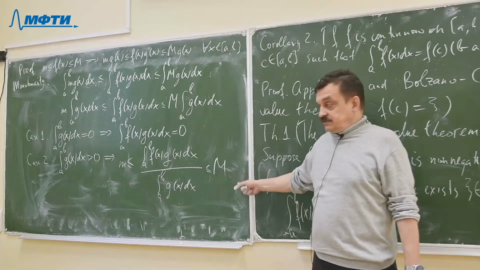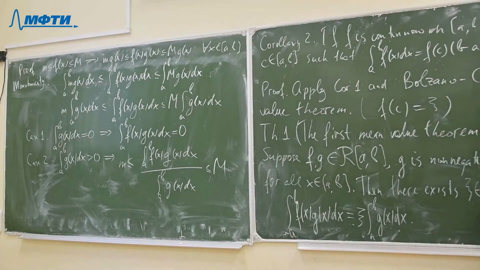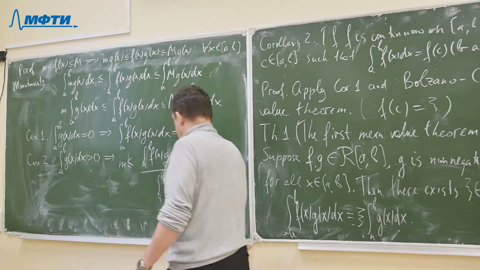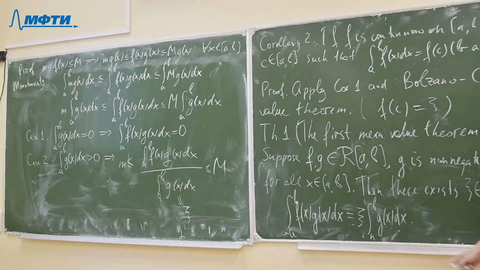And what it means? There exists xi between little m and capital M such that this is precisely xi. And that is what we want to prove.